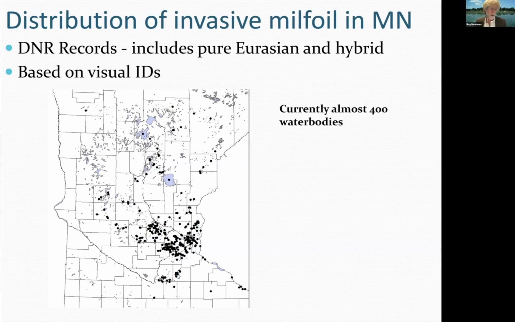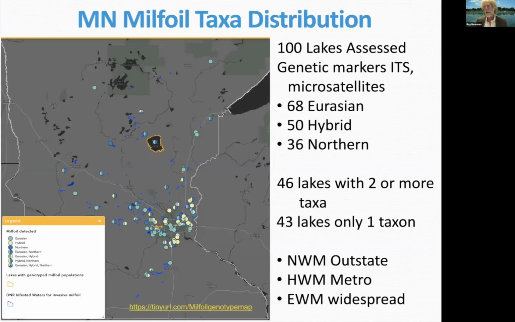To figure out what you've got, you need to do genetic analysis. So about 2017, with funding from MAISRC, we started assessing lakes for genetic composition. Now we've analyzed over 100 lakes in Minnesota using genetic markers, either ITS or now primarily microsatellites.